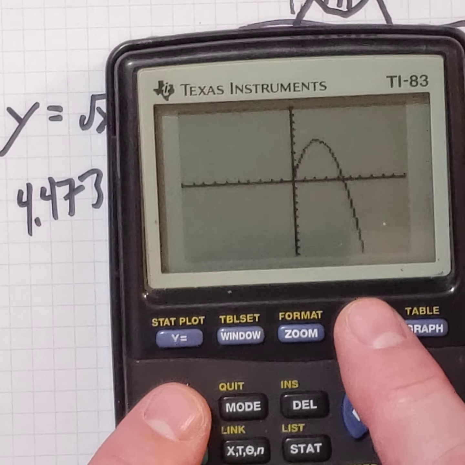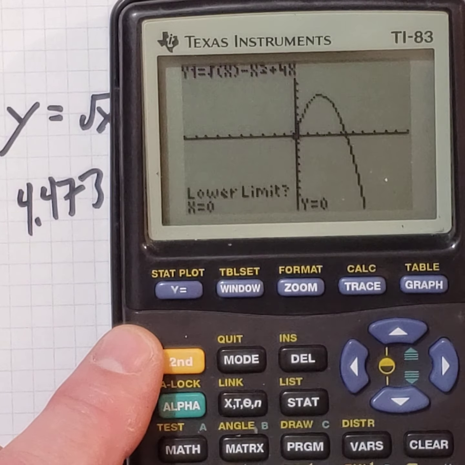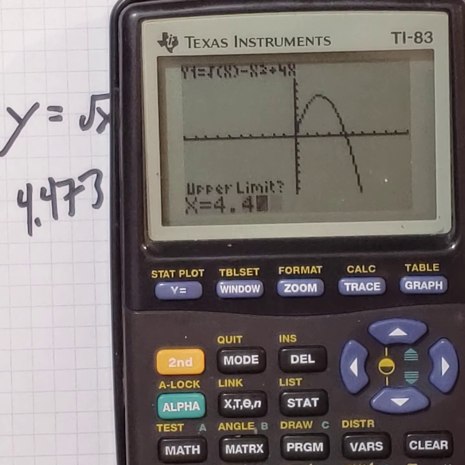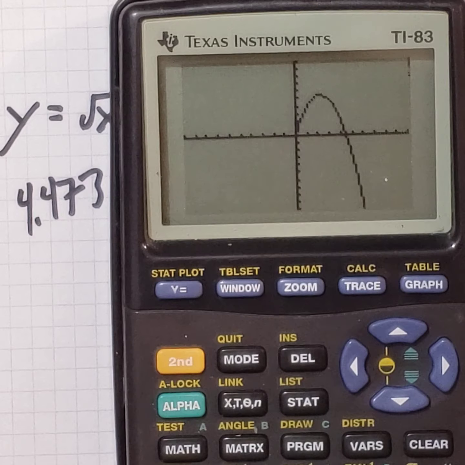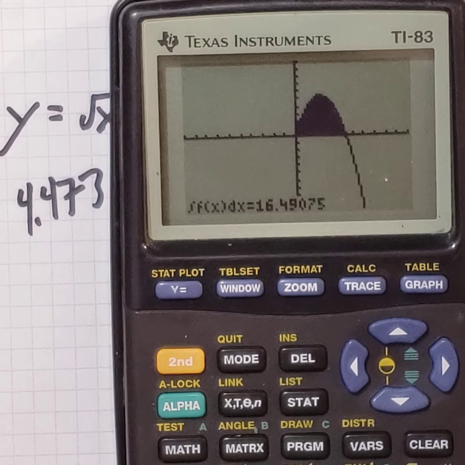And then we can do second trace 7 from 0 to 4.473. Color in our region and give us our decimal approximation of 16.49075.